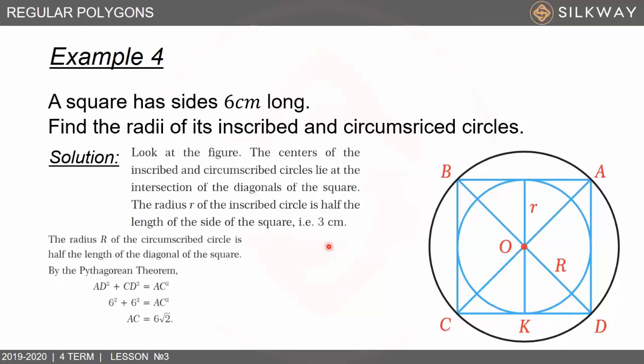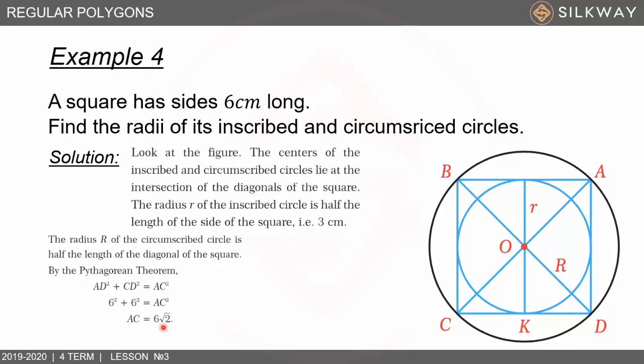The radius of the circumscribed circle is half the length of the diagonal. AC is a diagonal, and half of this diagonal is the radius of the circumscribed circle. By the Pythagorean theorem, we can easily find AC here. 6 squared plus 6 squared is equal to AC squared, and AC is equal to 6 multiplied by root 2.